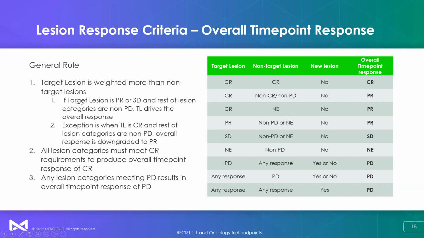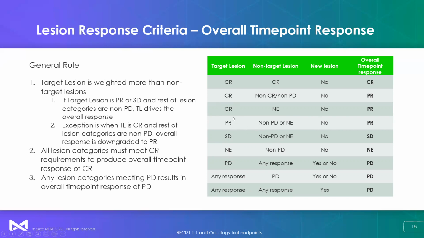So if the target lesion is PR or SD, and the rest of the lesion categories are non-PD, the target lesion usually drives the overall response, which is the case for lines 3, 4, 5, and 6, where non-target lesions and new lesions are not indicating any progressive disease.